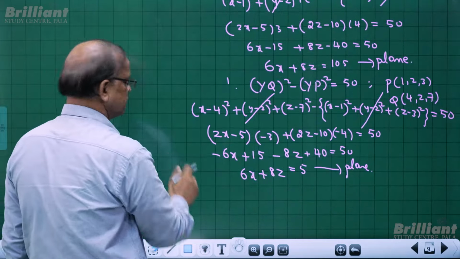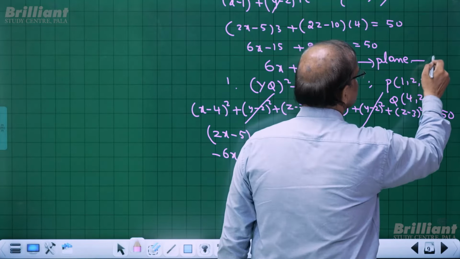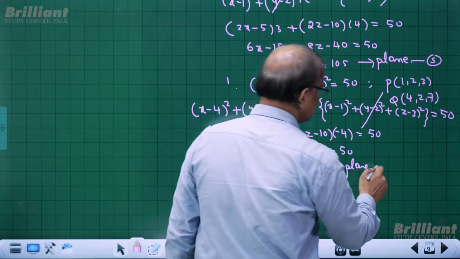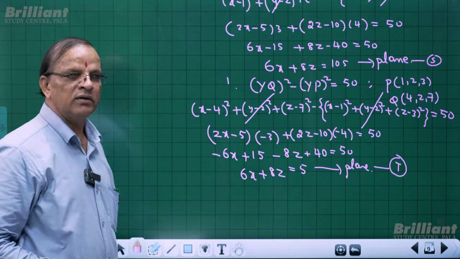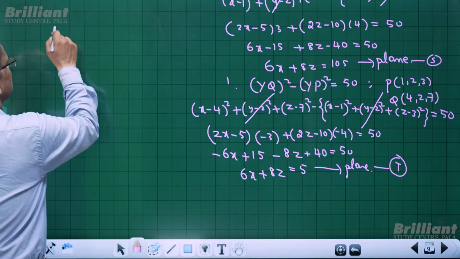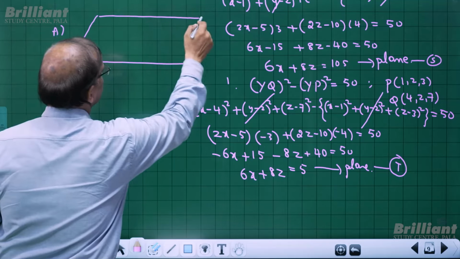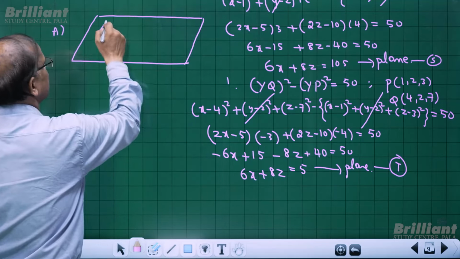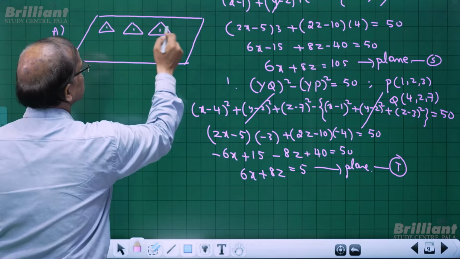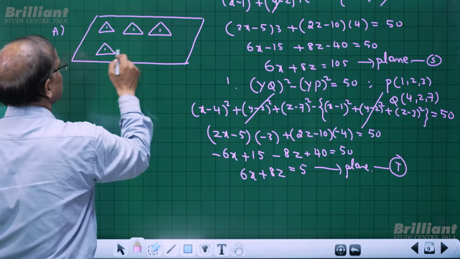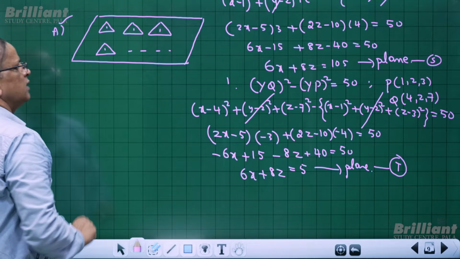On the plane we can construct many triangles of area 1 unit. So A is correct.